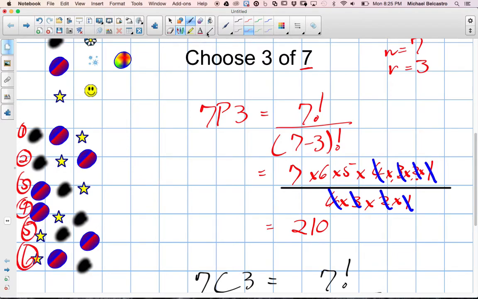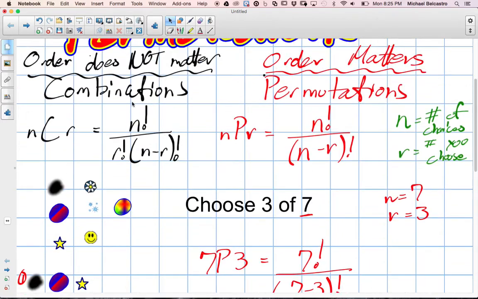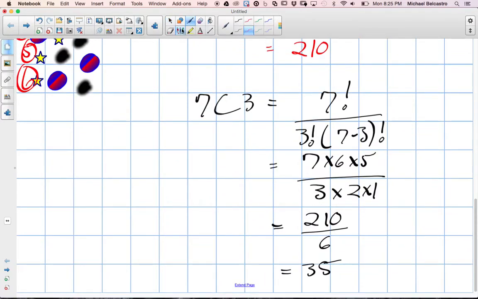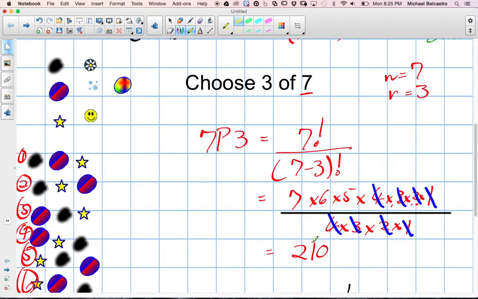Now, in a permutation, all of these are different, right? But in a combination, all of these are identical. They're all using the same 3 pieces. And if you look below, this is where it's getting important, we divided the same idea from before. We divided by 6, where here we didn't divide by 6. We just had 210.